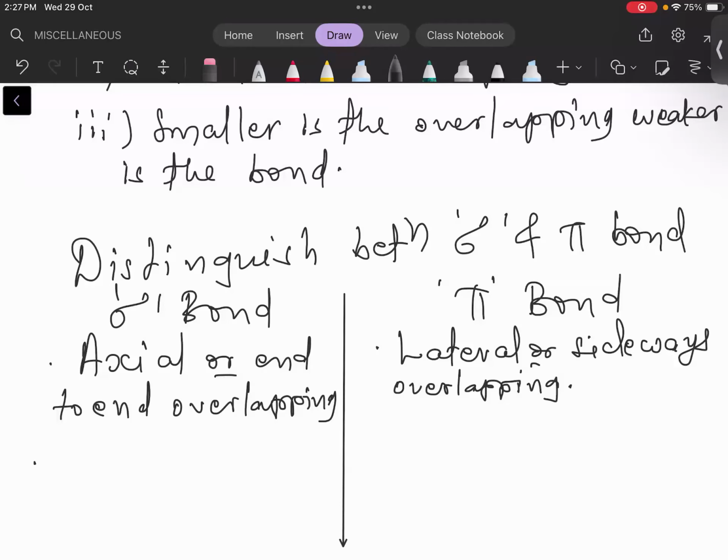Then next, in case of a sigma bond, overlapping is maximum.